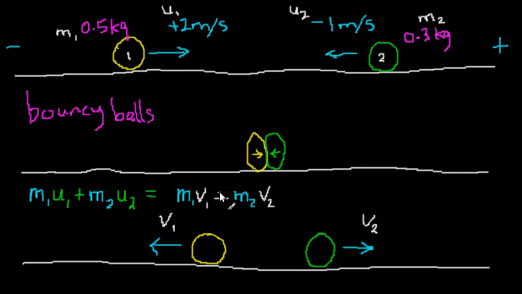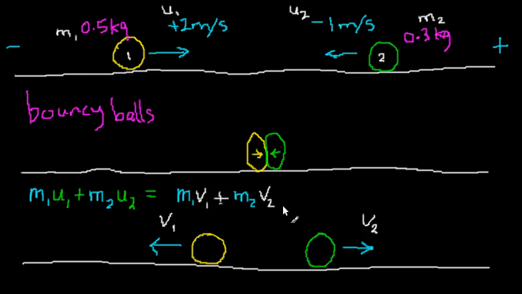So this is equal to m1 v1, the momentum of the yellow ball after colliding, plus m2 v2, the momentum of the green ball after colliding. Right. So this equation looks a bit complicated because there are so many symbols in here.